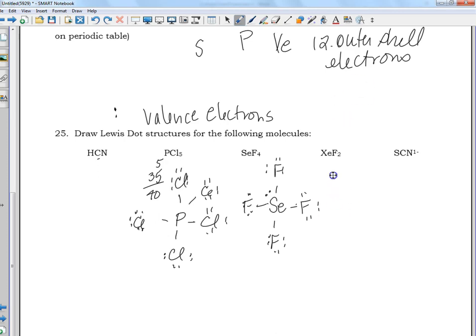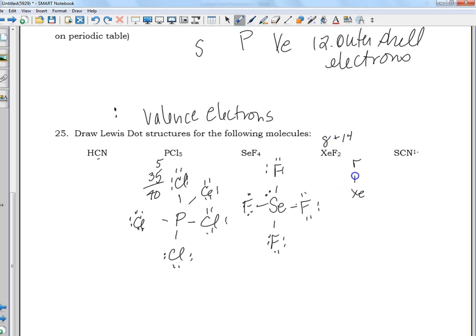Talking about XeF2. Xe, oh, wait a minute, that's a noble gas. How can that be? Well, it's because xenon is so big that if you bring the right element, the most attractive element, nearby, that fluorine can steal electrons. So we have 8 electrons in xenon. Each fluorine has 7, so there's 14. 8 plus 14 is 22.